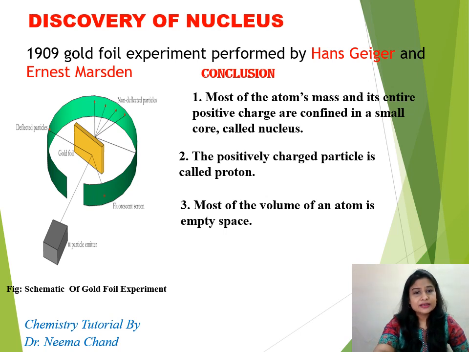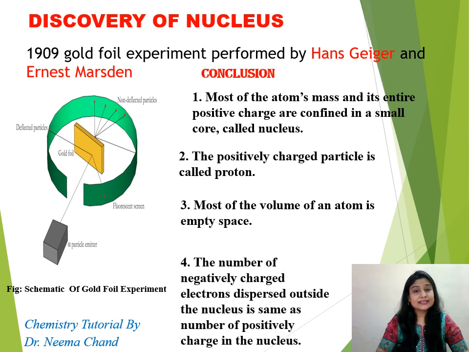In the third part, he suggested that most of the volume of the atom is empty since most of the alpha particles could easily pass through the gold foil. And lastly, his theory was that the negatively charged electrons are dispersed around the nucleus, and they are causing the deflection of alpha particles by some angles.